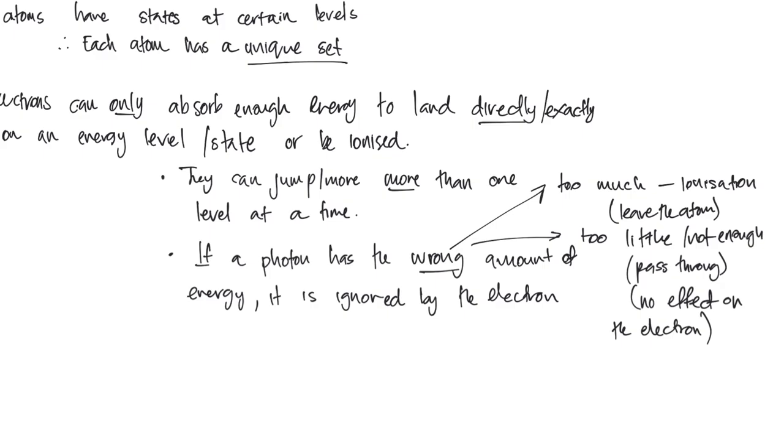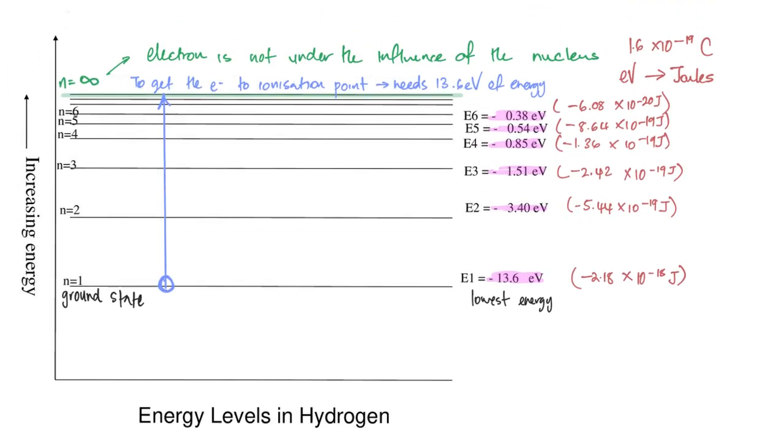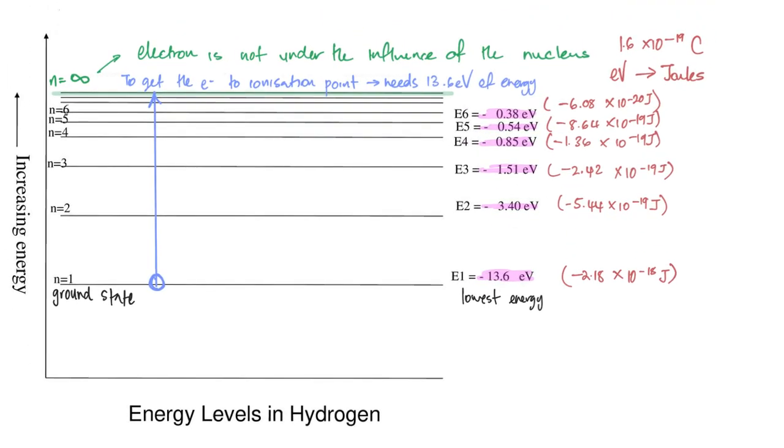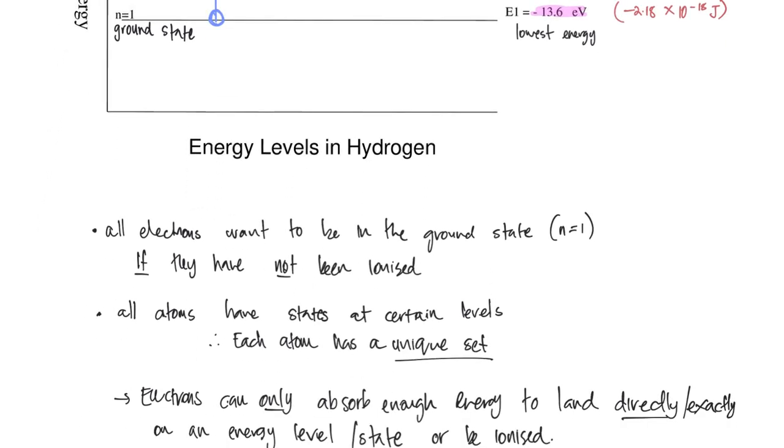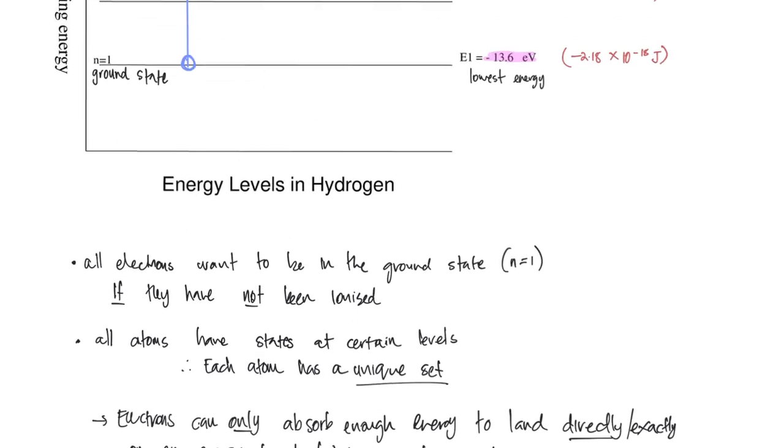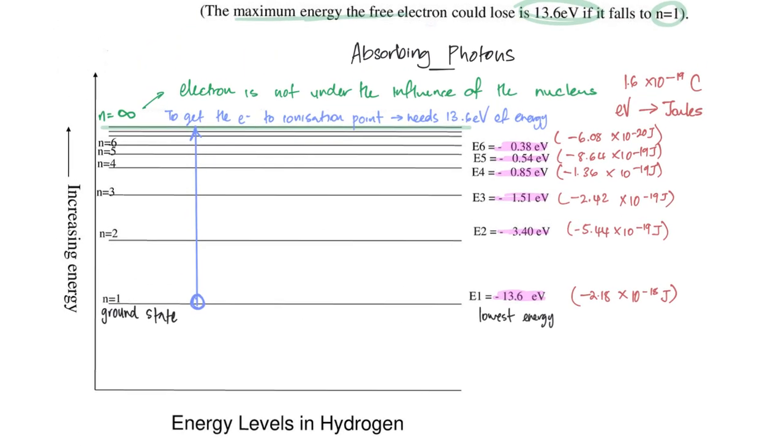Right, so what we're looking at here in this little energy diagram is absorbing photons. Right. Let's see how we're going to sort this information out. So please make sure these notes are also in your books, as well as everything that we're doing.